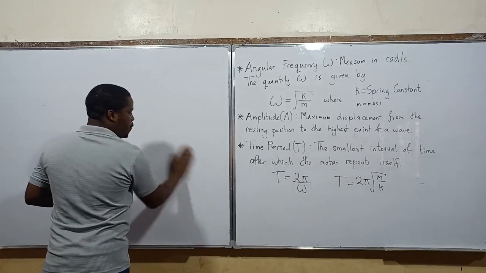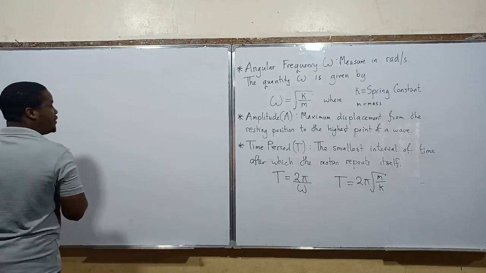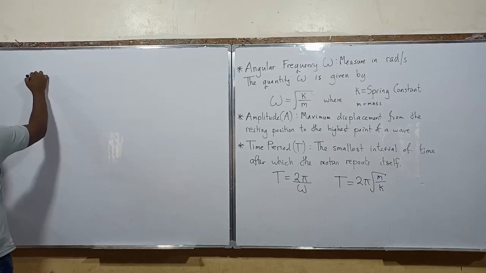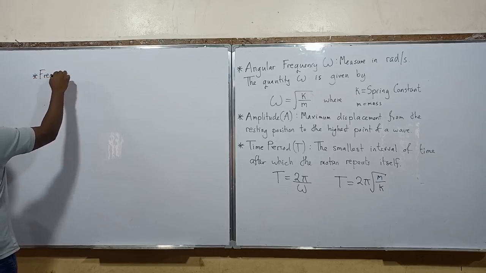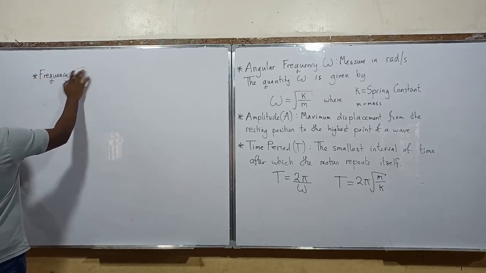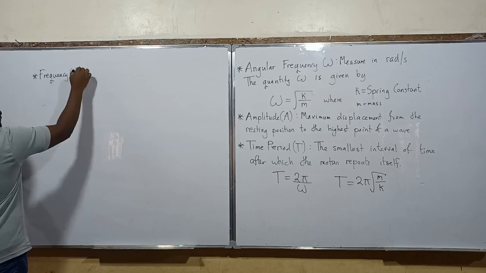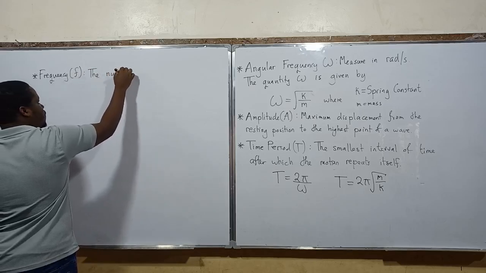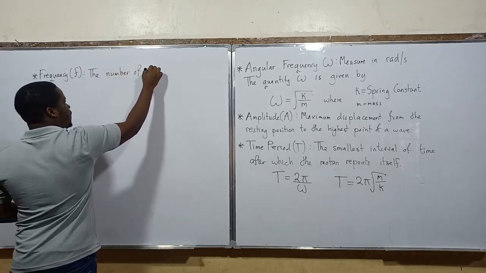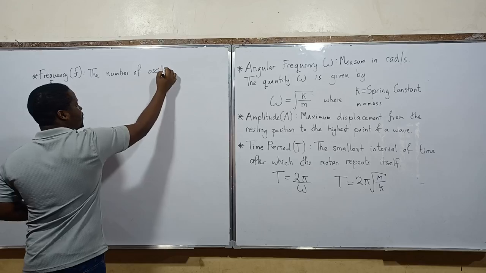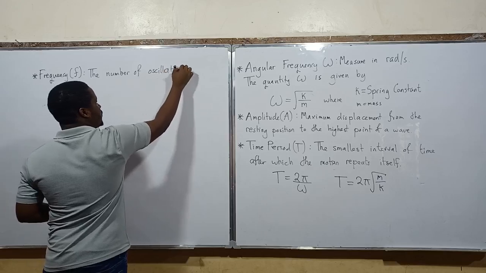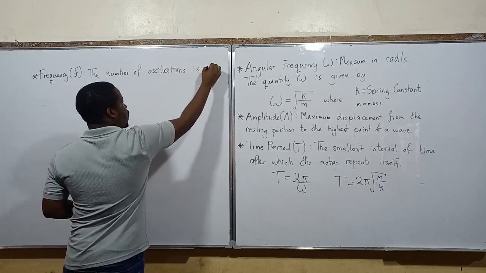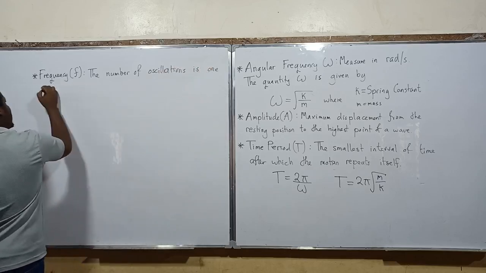The number of completed oscillations in 1 second. So, frequency, we use a small f. You can say the number of oscillations in 1 second.